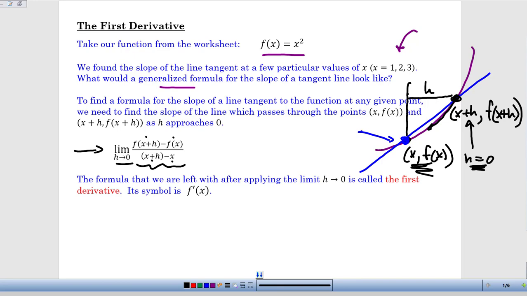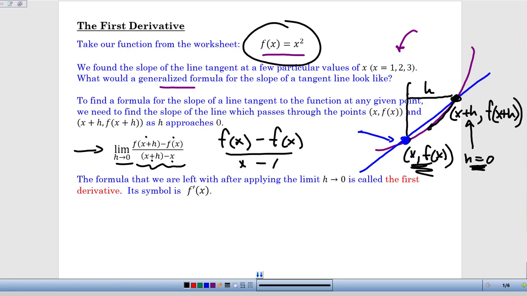Now if we were to just plug in 0 for h as it stands right now, and we'll do this specifically for this function f of x equals x squared momentarily, we'd end up with f of x plus 0, or f of x minus f of x, over x plus 0, since h now equals 0, so x minus x.